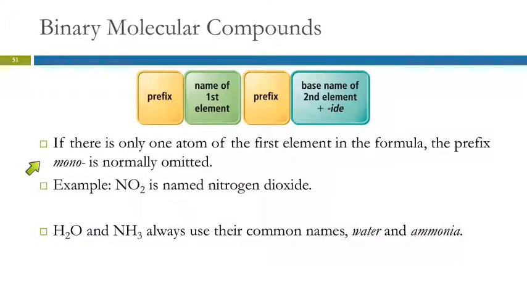If there's only one atom of the first element in the formula, we leave the prefix mono off. We use the prefix mono for the second element, but we don't use it for the first one. And that just follows in with chemists avoiding the number 1, right? So the example given here, NO2, there's only one nitrogen, but because that's the first one, we don't call it mononitrogen dioxide, just nitrogen dioxide. The di comes from the 2 oxygens.